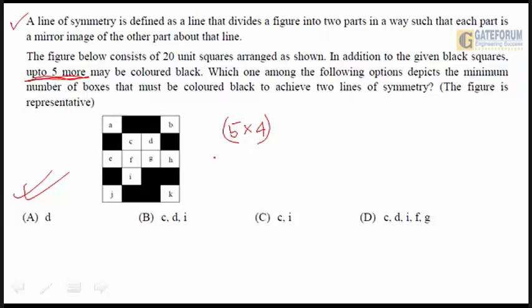The first thing is that there is no diagonal possible which will be symmetrical, because the diagonals won't be cutting through the diagonals of these individual squares, because this is a 5 into 4 grid. Had it been a 4 into 4 or a 5 into 5, then a diagonal as a line of symmetry was possible. So the diagonal is automatically eliminated here.